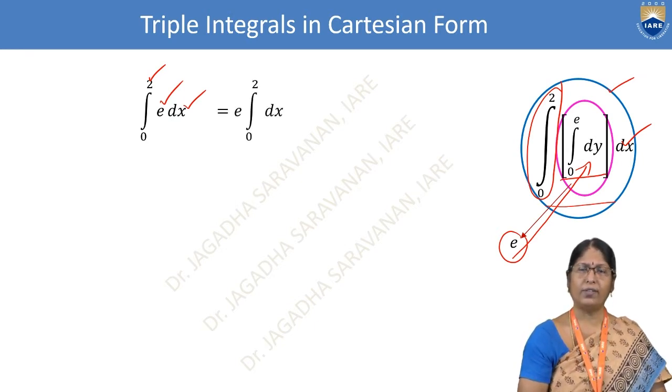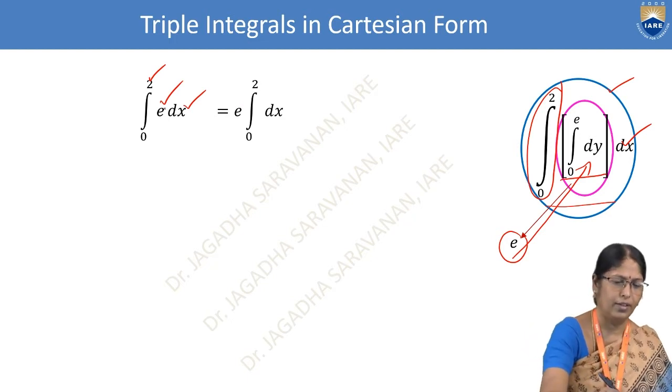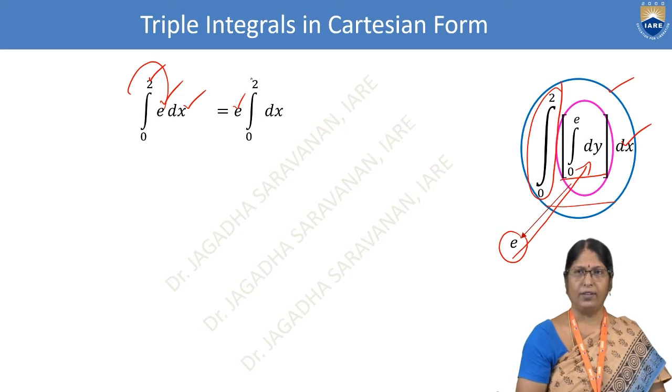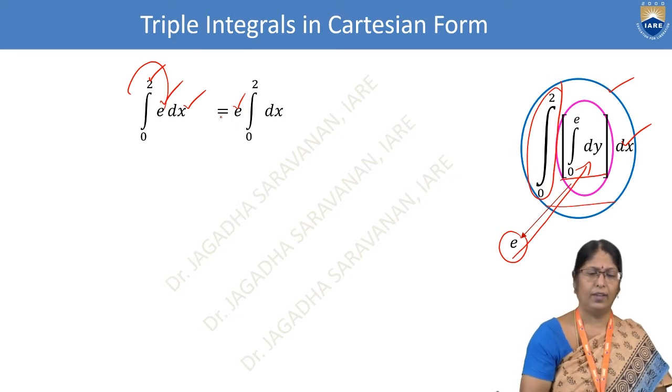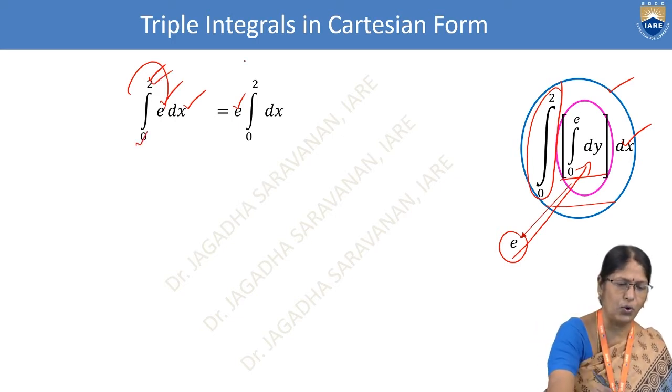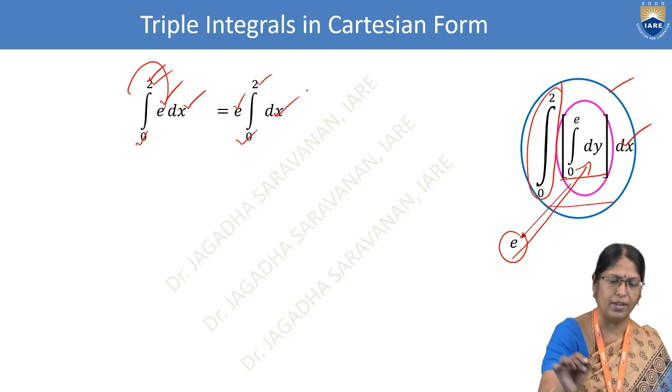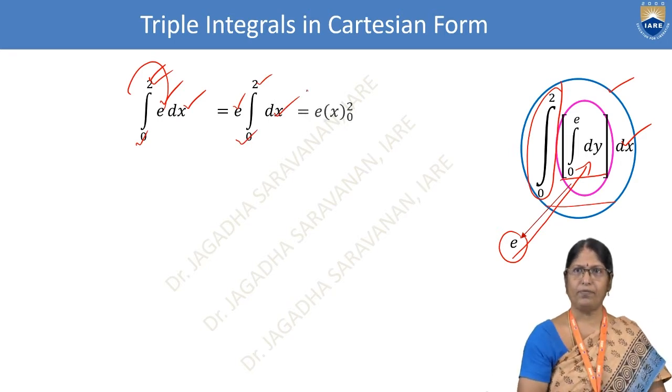Now in this integration, the e we have taken out. That is, to avoid the confusion, we just kept it before the integral, and this 0 to 2 is written as it is, dx.